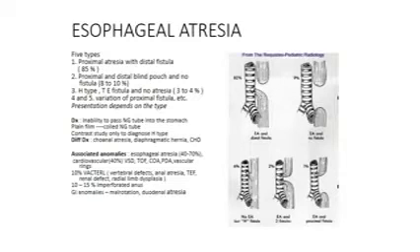This is demonstrated clearly here, where the upper esophagus is a blind pouch and the distal esophagus is connected by a fistula to the bronchial tree. This anomaly forms more than 80% of esophageal atresia conditions.